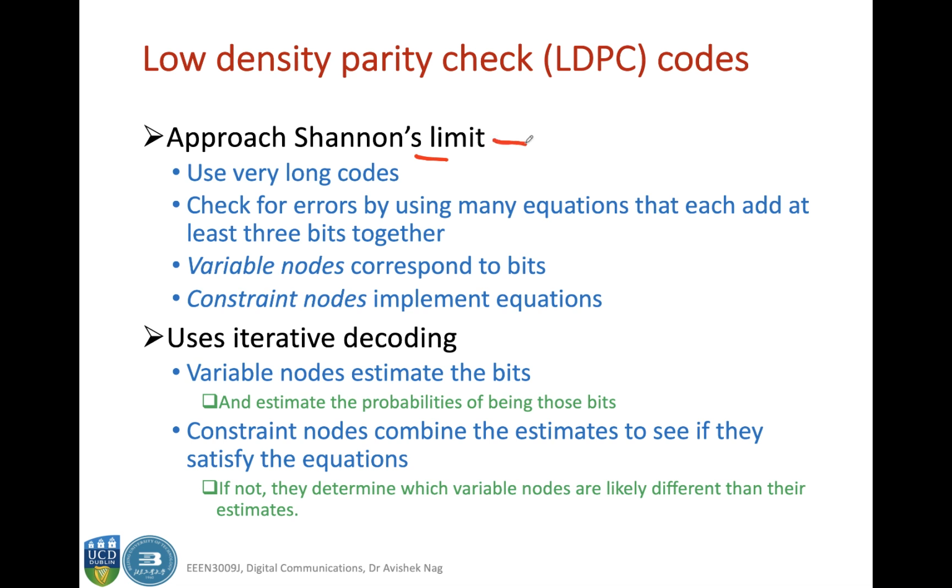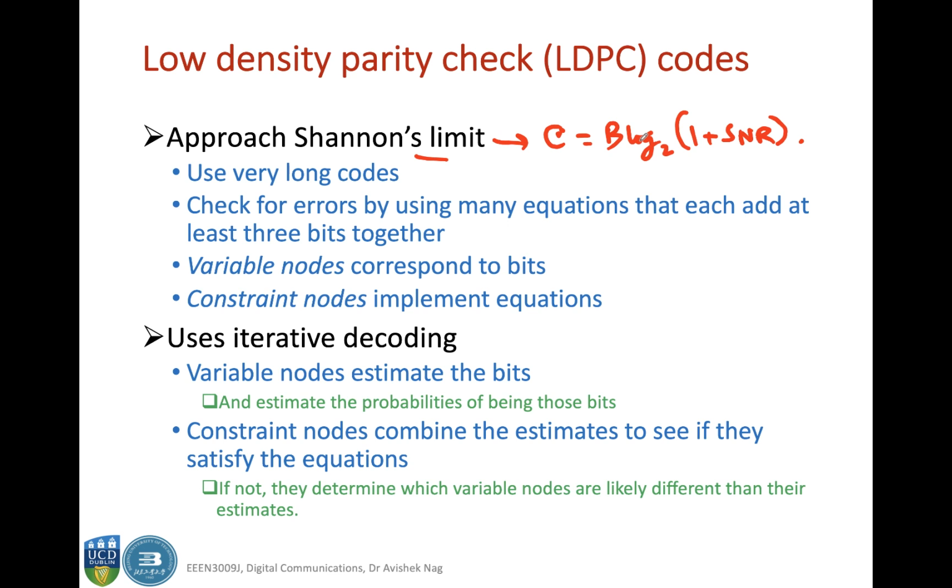This relates to another thing which you have already studied. You know that the Shannon capacity is defined by this formula, and with this type of coding, you can achieve the maximum possible capacity for a given SNR and a given bandwidth.